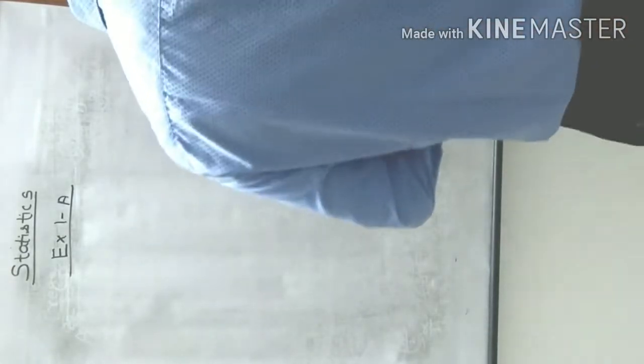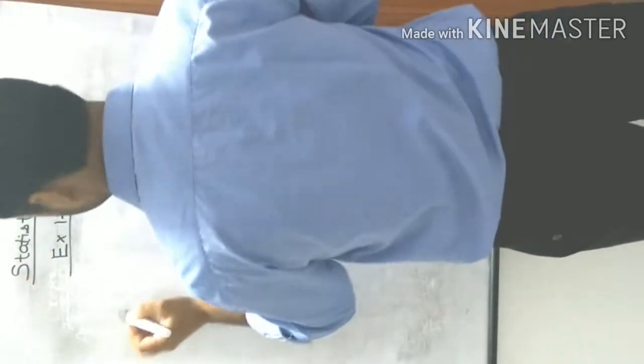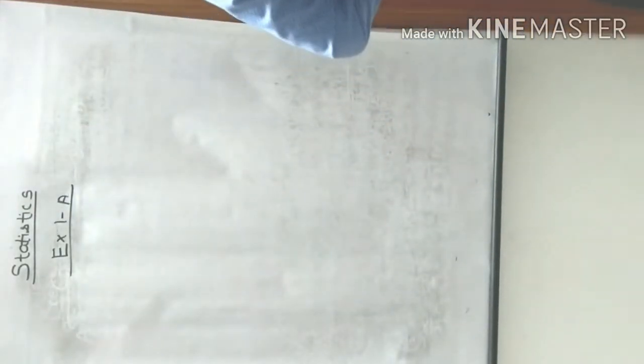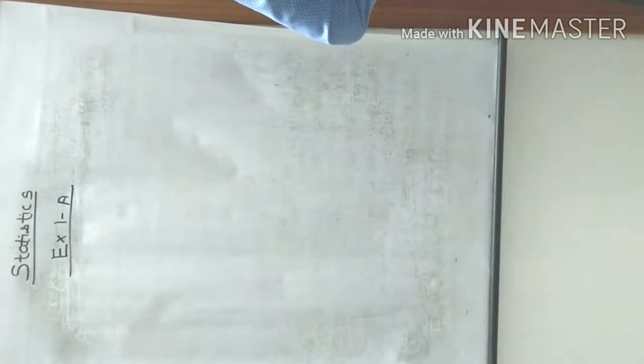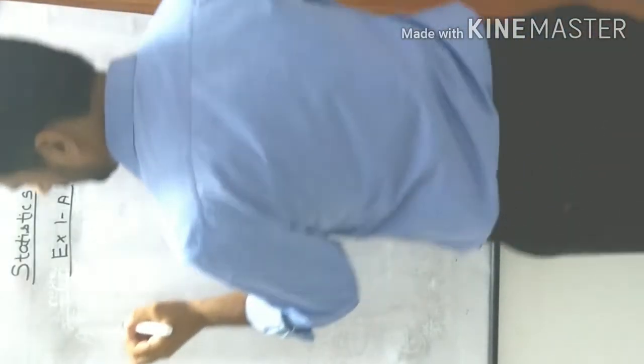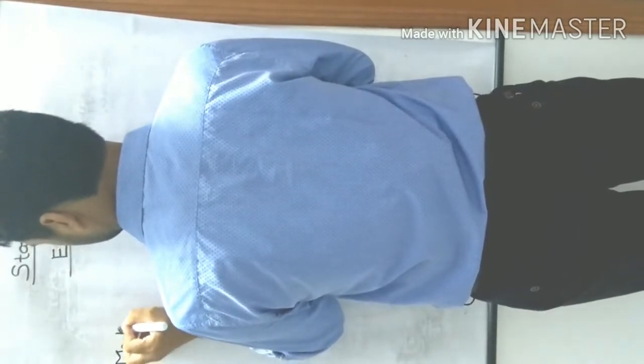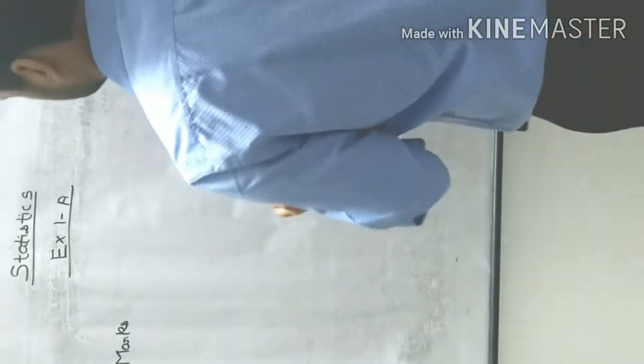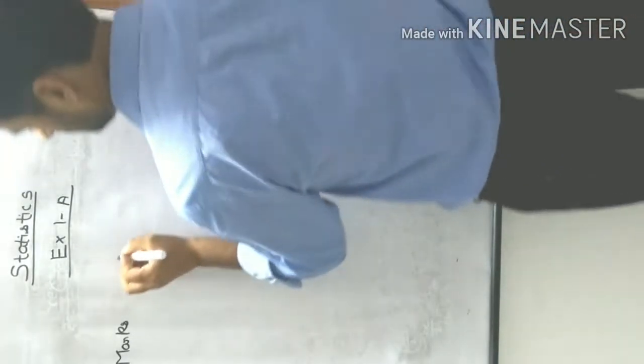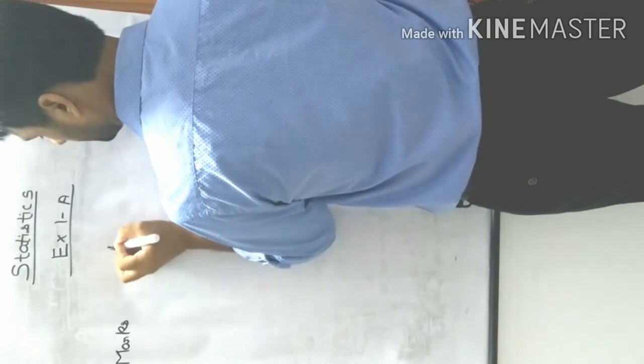So for this, let's first make a table. Write here marks, and then we'll write here frequency.